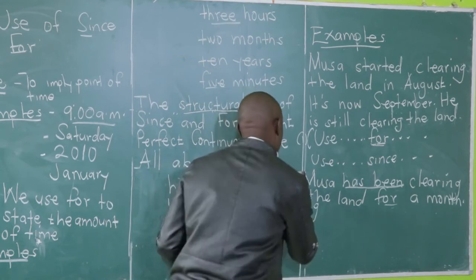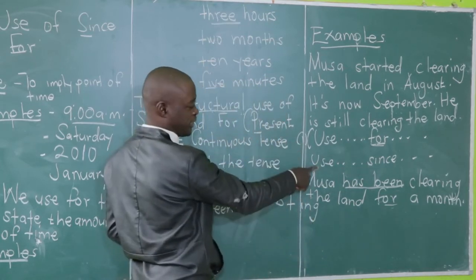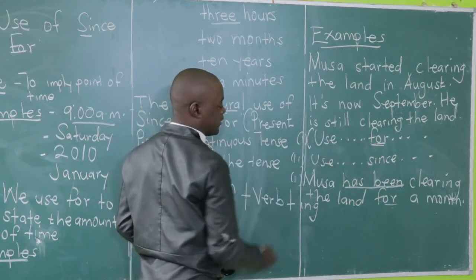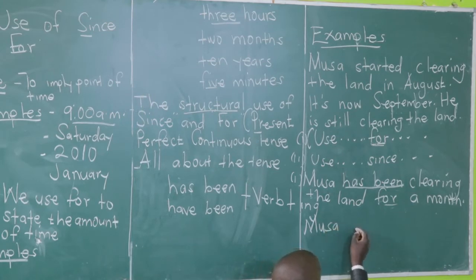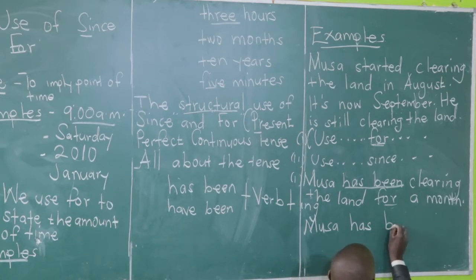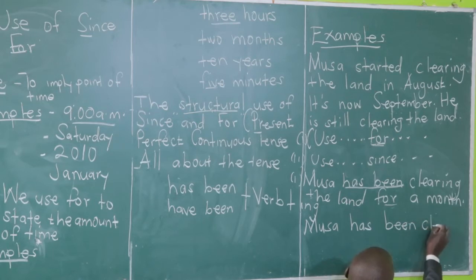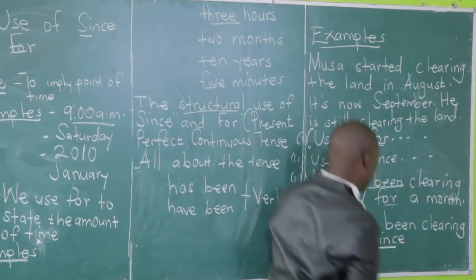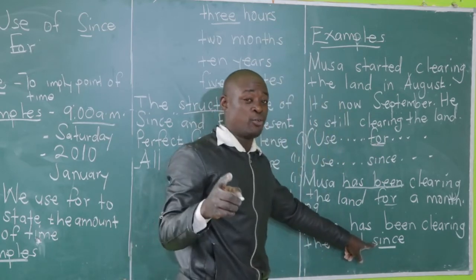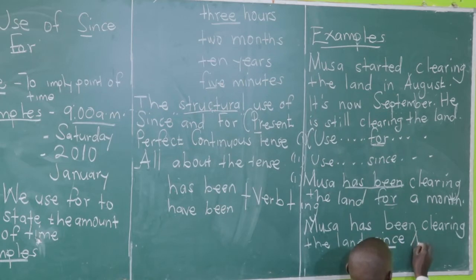And the answer for instruction 2, where we are using since, is: Musa has been clearing the land since August.